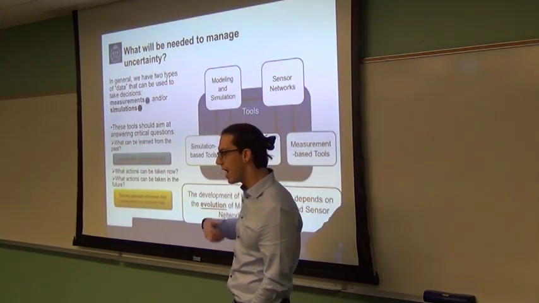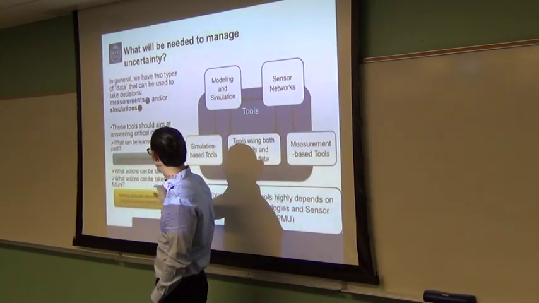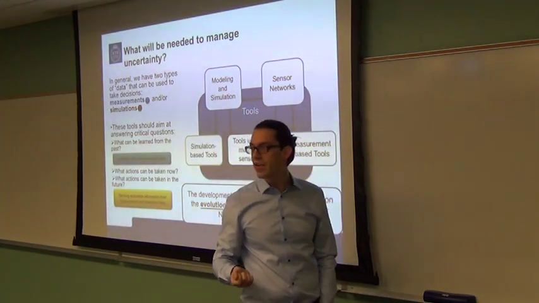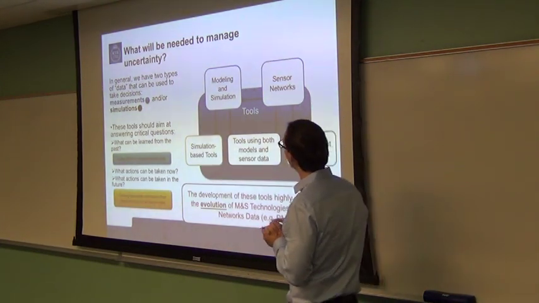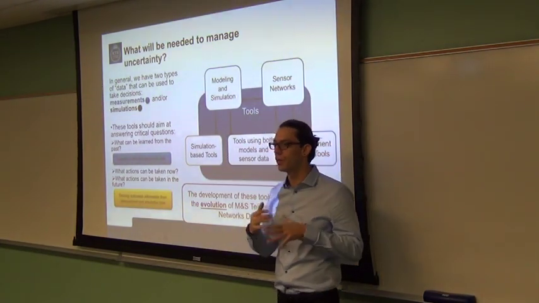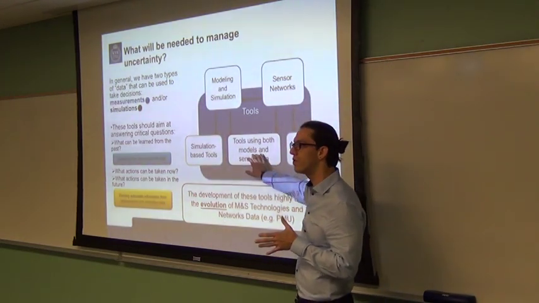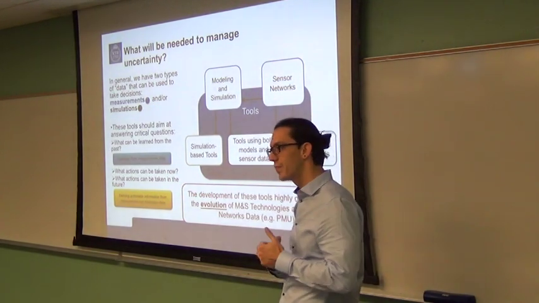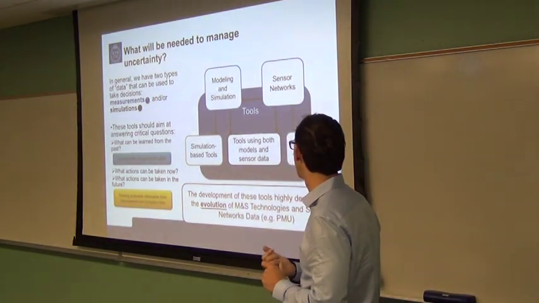You can also answer questions of what action should be taken now and what action should be taken in the future. And that means deriving information from models and simulations. So what I think in the future is you're going to have to be able to build tools and leverage tools that are mixing both models and sensor data in a very intrinsic way, that are able to couple the two worldviews that we have.